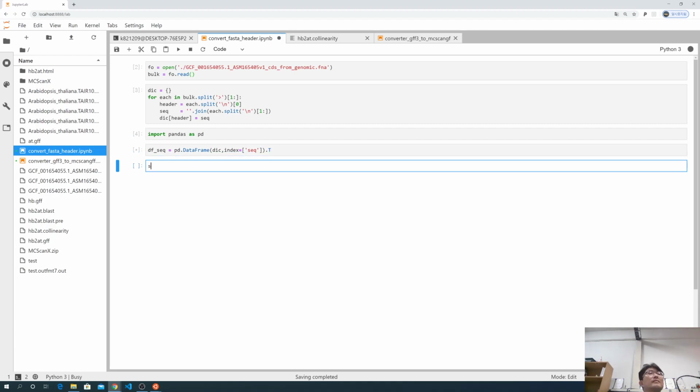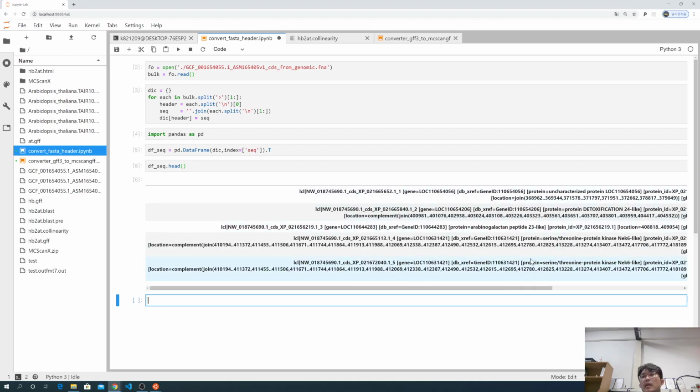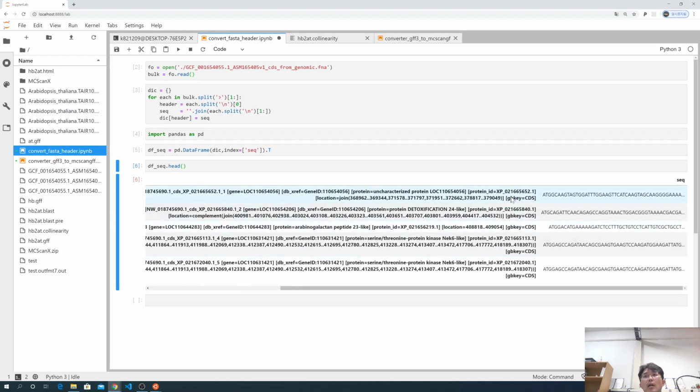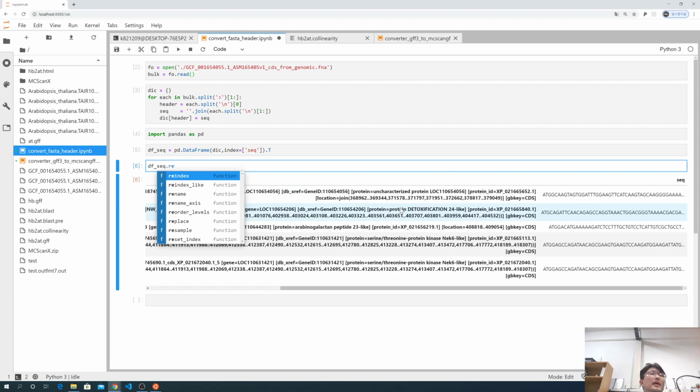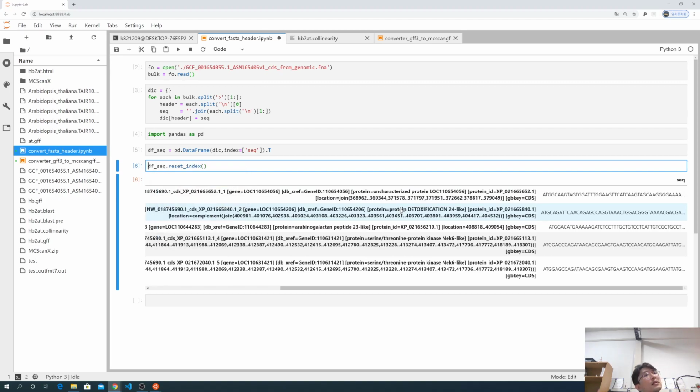Then now we have a data frame that has a lot of information here. And reset index, inplace equals True.